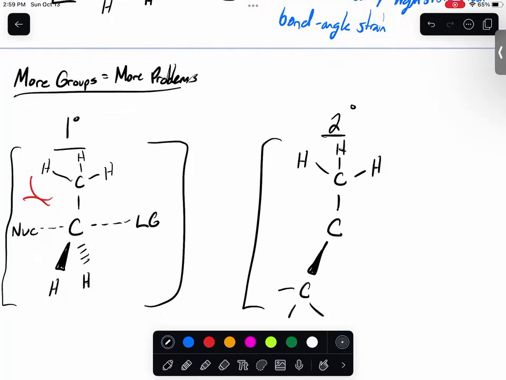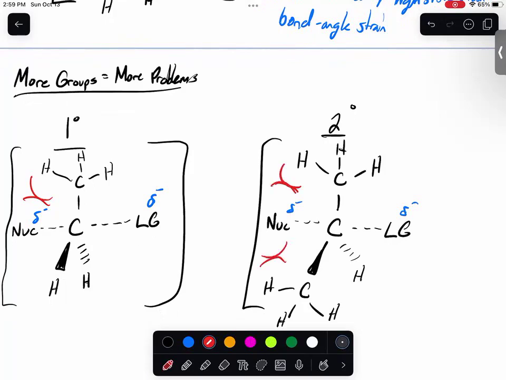And what we're doing is we're crowding out the position of the nucleophile as it wants to come in and perform this substitution, right? So in this case, we now have even more steric strain because not only is it the one from above, once again, pushing the nucleophile away, it's the one from below pushing the nucleophile away. So this is even higher energy.